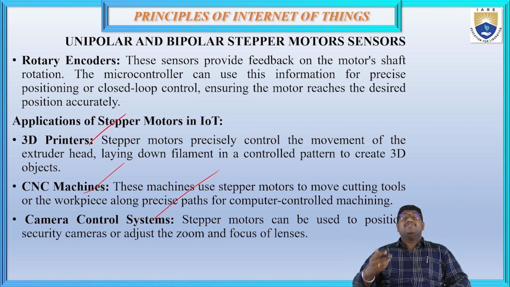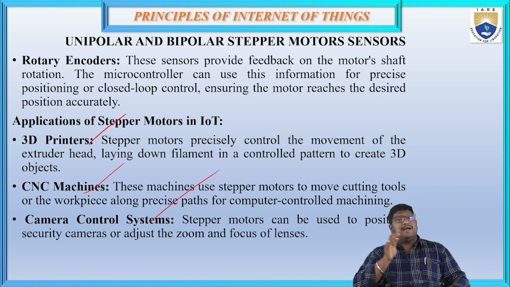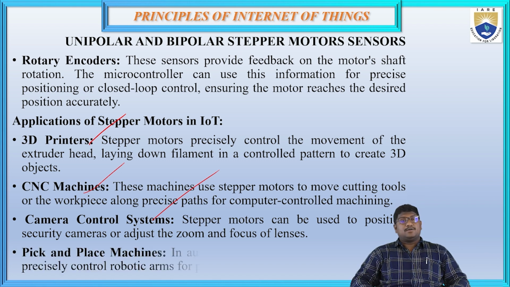This can be done with the help of the stepper motor. By sitting in front of the system, you are able to zoom and you are able to watch, for example with security cameras. That is the beauty of IoT automation with the help of stepper motors. Either you can use unipolar or bipolar, that doesn't matter. The application here is camera control systems.